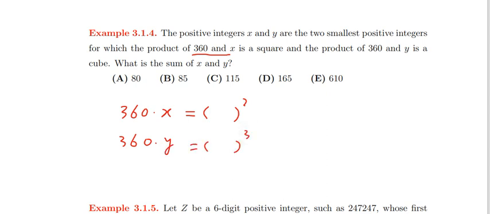So we have many such x and y, but here we just check the smallest x and y. For this problem we want to factor 360. So we know 360 equals 2 cubed times 3 squared times 5.